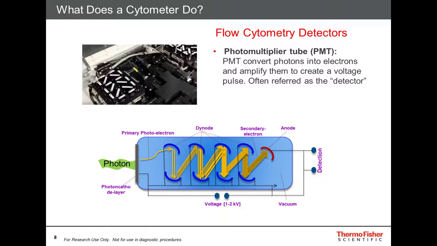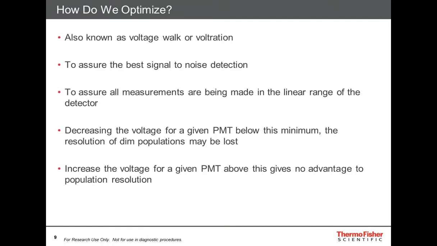They then are emitted off the other side of the PMT, and we can measure those with an electronic pulse. Very, very straightforward. So all you need to know is that we quantify the photons, we measure the electronic pulse, and there you go. So if you know a little bit about physics and a little bit about photons, you're now a flow cytometry expert.